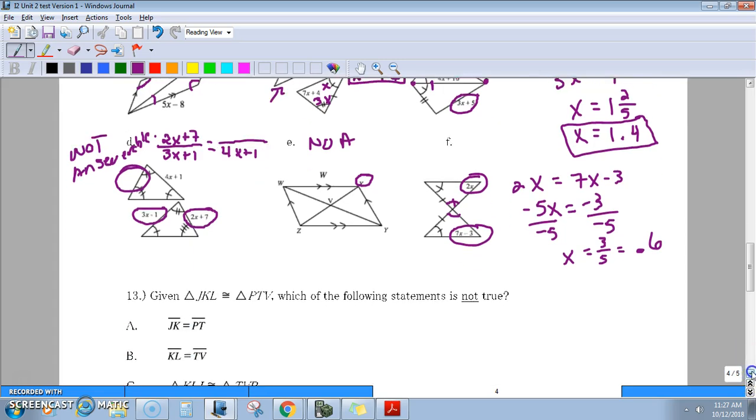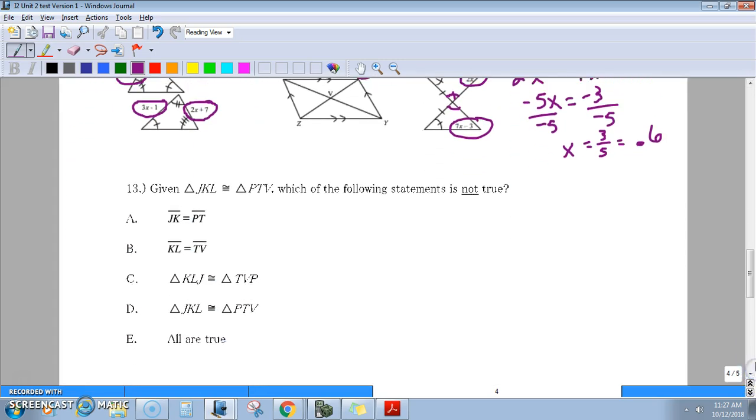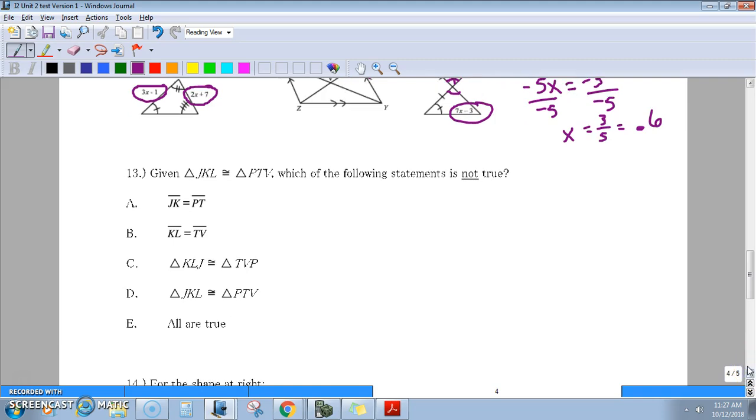Are we? Given that triangle JKL is congruent to triangle PTV, which of the following statements is not true? JK is equal to PT, so JK and PT, those do correspond. KL is equal to TV. We have KL and TV. Yep, those correspond. Triangle KLJ is congruent to TVP.